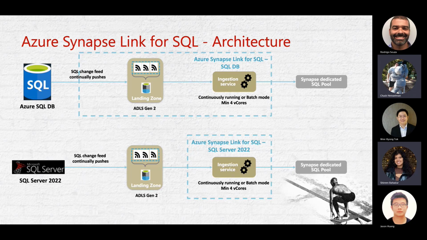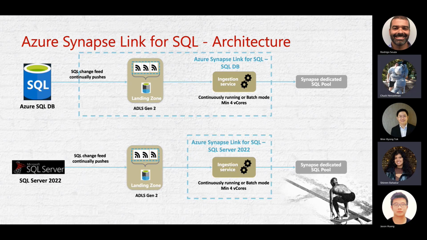I mentioned this a little bit. It's taking the data out of that landing zone and putting it into your dedicated SQL pool. Now, when we first brought this out in preview, the only way to do that was in continuous mode, where that ingestion service was running 24/7.